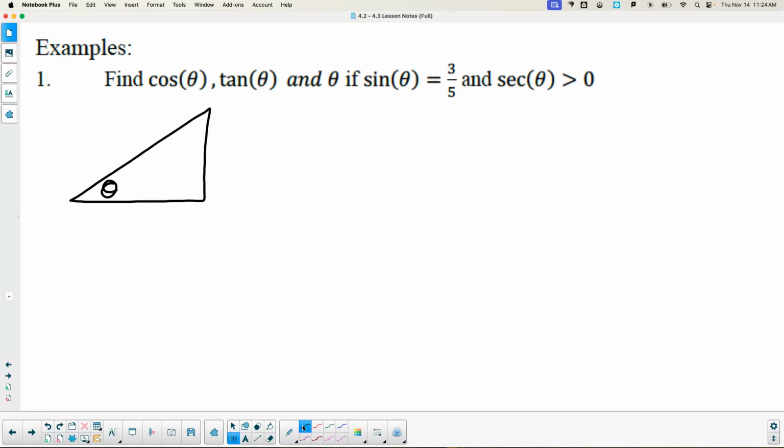Horizontal, vertical, or slanted? Vertical. We've got three sides of a triangle: a horizontal side, a vertical side, and a slanted side. The vertical one is 3. Which one's 5? The slant, because there's my right angle. Sine is opposite over hypotenuse.